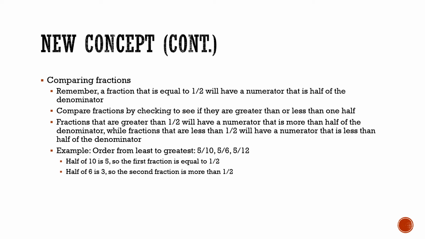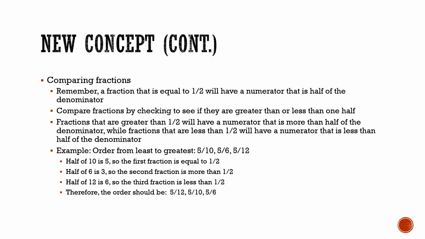If it were equal to 1/2, it would be 3/6. So 5/6 is more than 1/2. And half of 12 is 6, so the third fraction, 5/12, is less than 1/2 because 1/2 would be 6/12. Therefore, our order would be 5/12, 5/10, and 5/6.